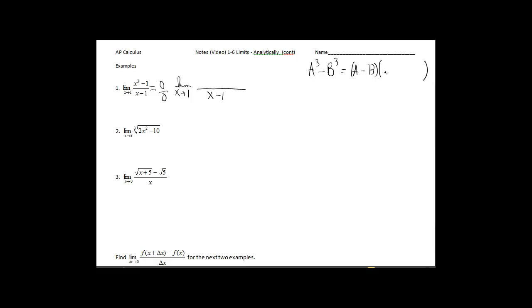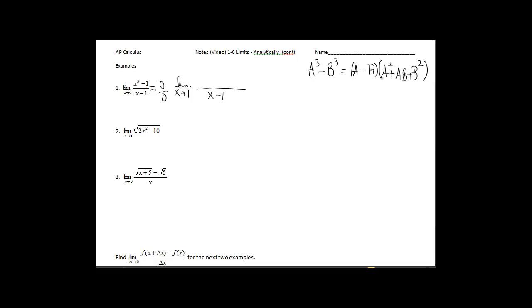To build the trinomial, we take and square the first term, whatever it may be. We square the last term, which is also b squared, positive. We take the 2 terms here, multiply them together, take the opposite in sign, and that's going to be our middle term. So this is going to be plus the product ab.